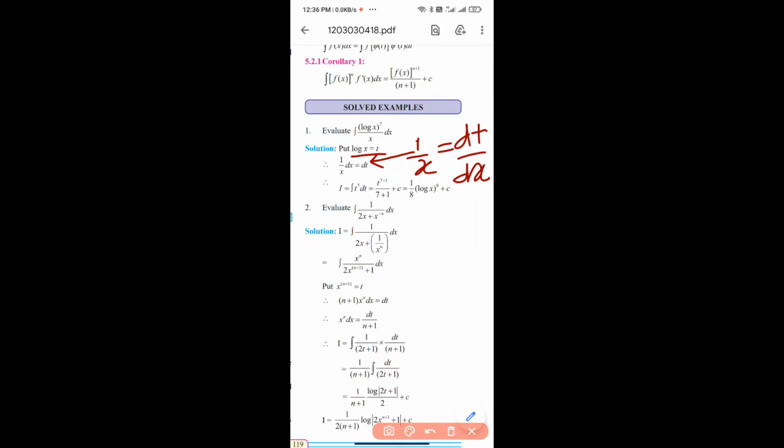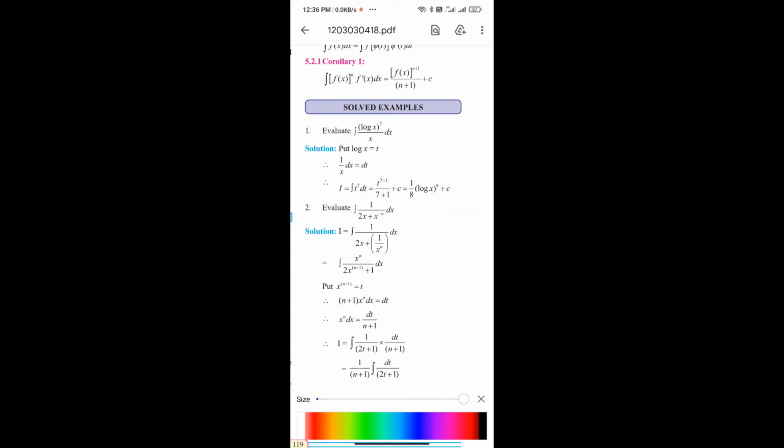Right? So then what we have to do is put t in the place of log x, and 1 by x dx you can put as dt over here.